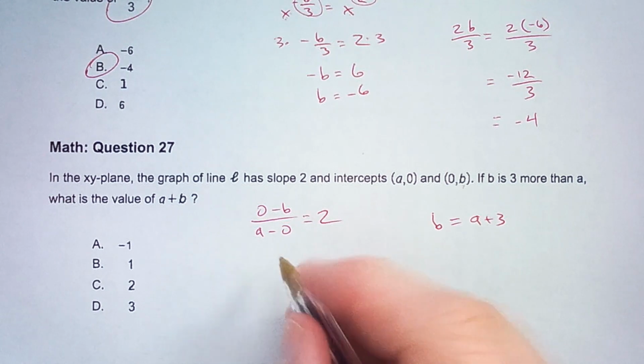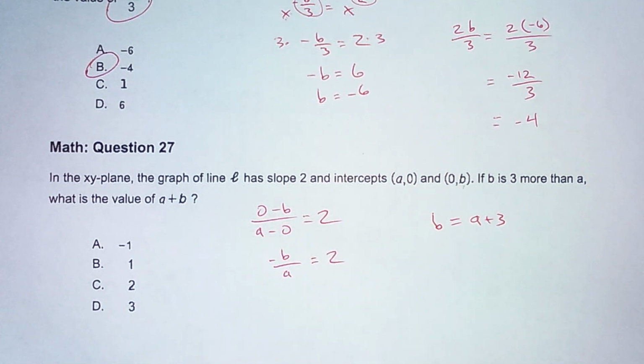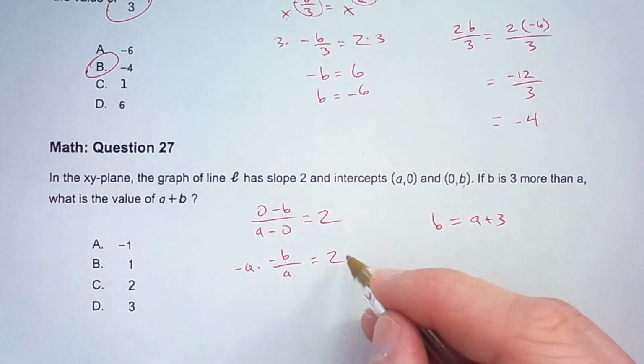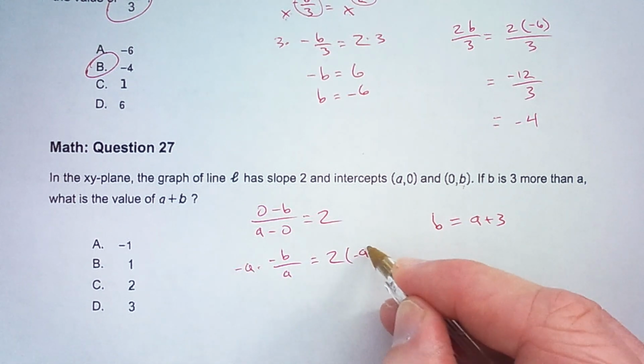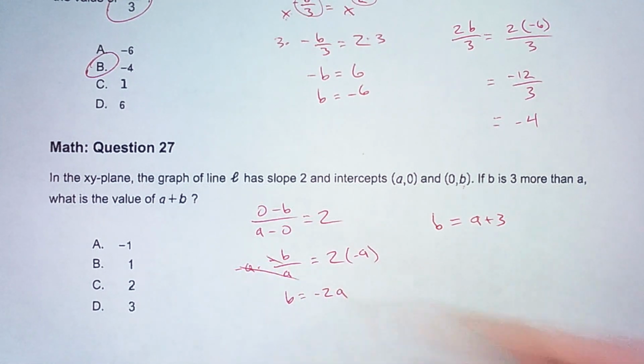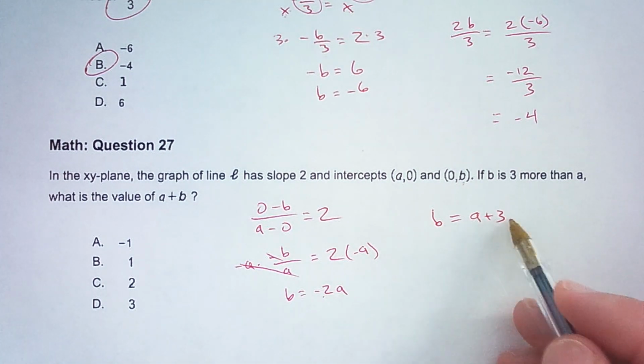So that's negative b over a equals 2. And I can multiply both sides by negative a and get b equals negative 2a. Okay, so b is negative 2a. b is also a plus 3.